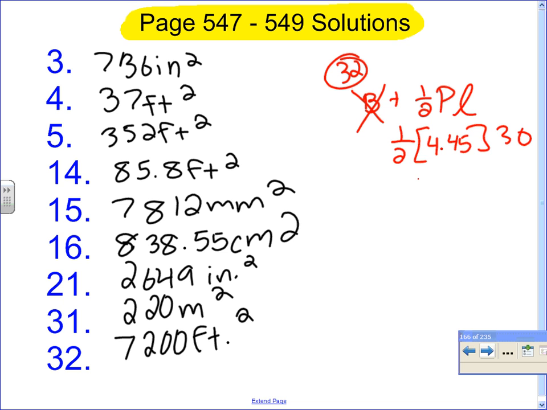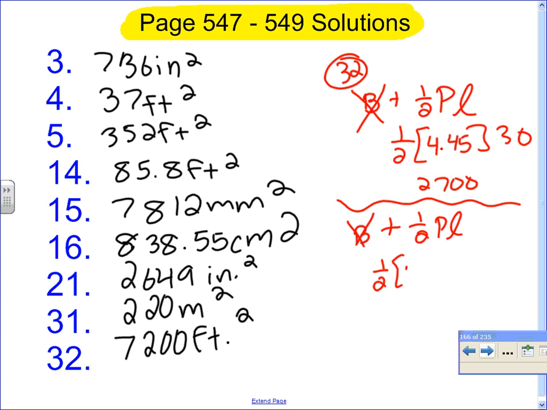And that's for the top one. If I go too fast, tell me. You get 2,700. And then the bottom one, same idea here. Ignore the base because it's one of those harder surface areas. You have 1/2, 4 times 45 times 50, and you get 4,500. Okay.